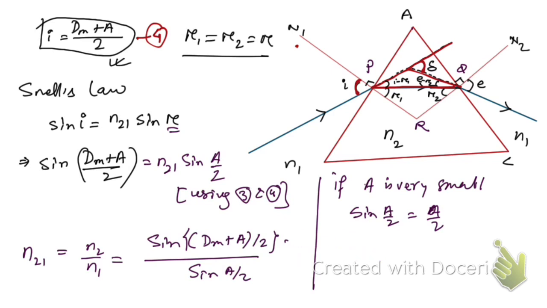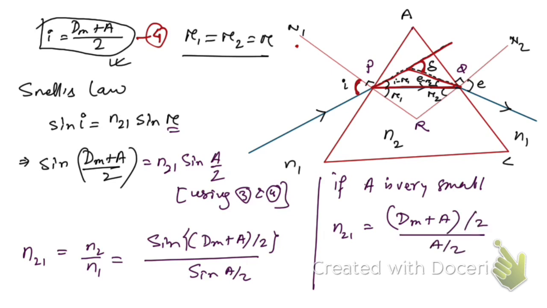So we can write this relation as n21 is equal to (dm plus A) divided by 2, over A by 2. Here 2 cancels, so we have n21 equals dm by A plus 1. If you divide this one and this one by A, you get this one.